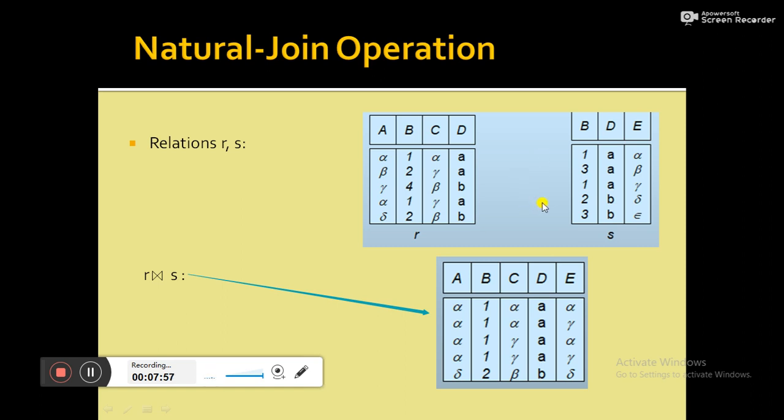Then the resultant relation will be populated with a large number of records. After that, it will perform the selection operation.